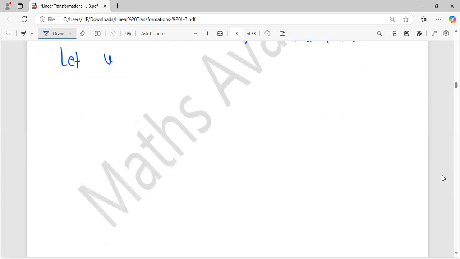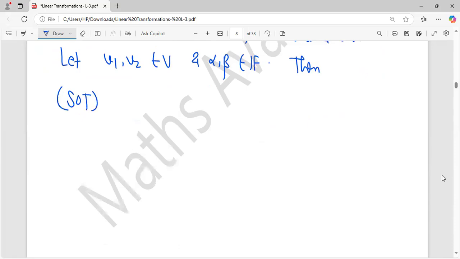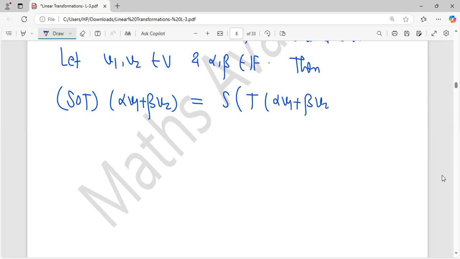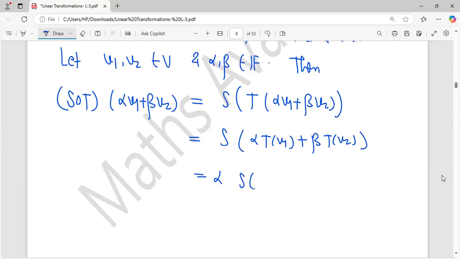So let v1, v2 belong to V and alpha and beta belong to F. Then S composed T (alpha v1 + beta v2) is equal to S(T(alpha v1 + beta v2)). So what is this? This is alpha times T(v1) + beta times T(v2), because T is a linear map. Again, apply S is a linear map.